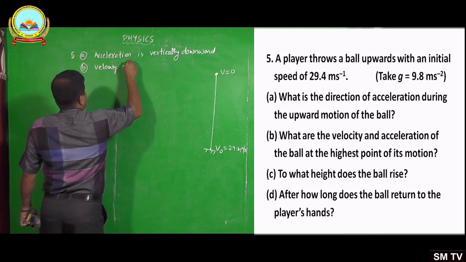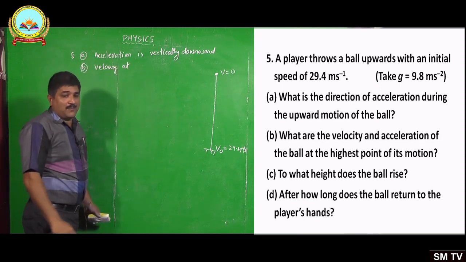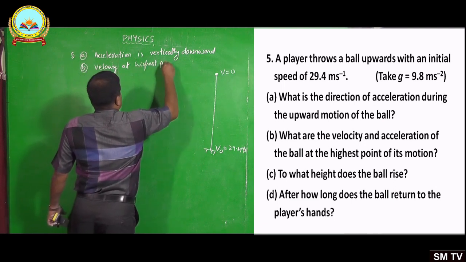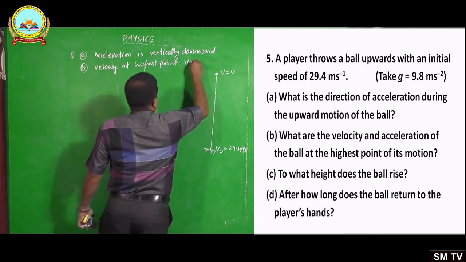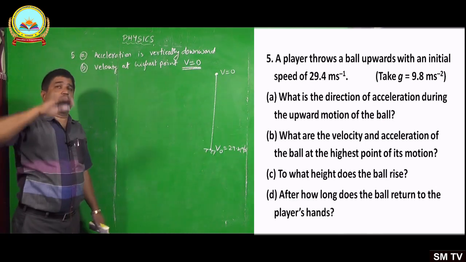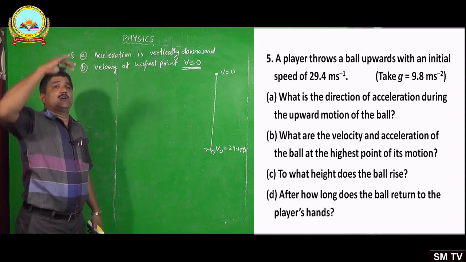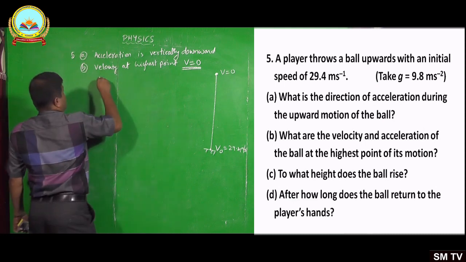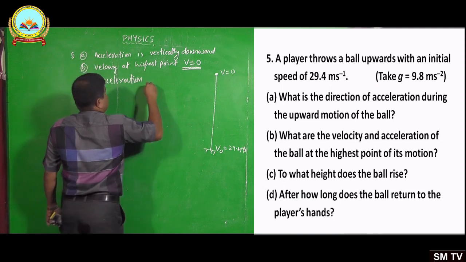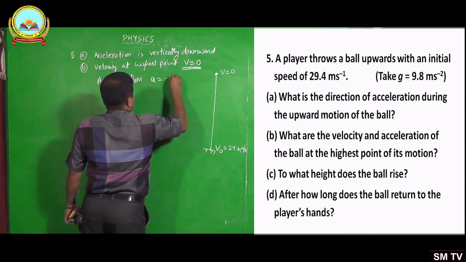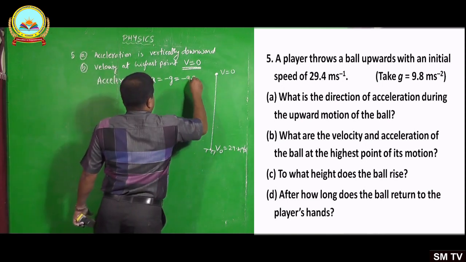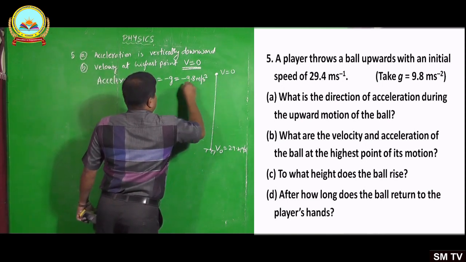Velocity at the highest point, or at the maximum height, is 0, v equal to 0, and acceleration is always the same, not only at the highest point, while throwing also, and while it is coming down also. So the acceleration value is a equal to minus g, that is minus 9.8 meter per second square.